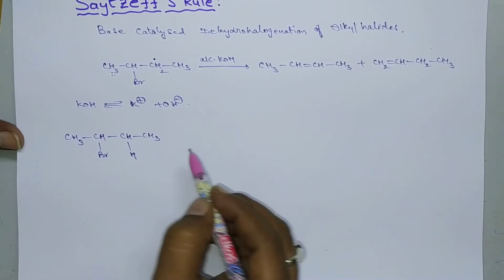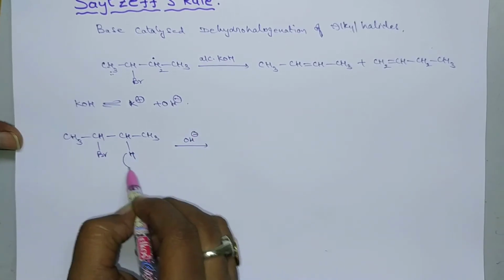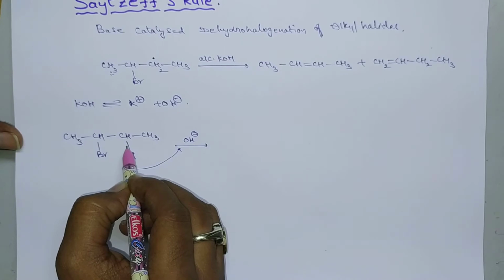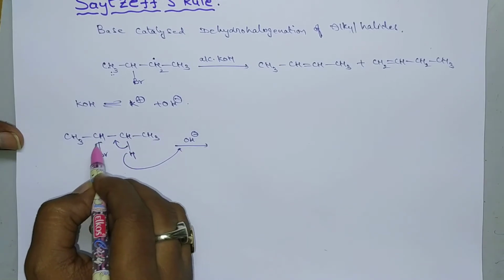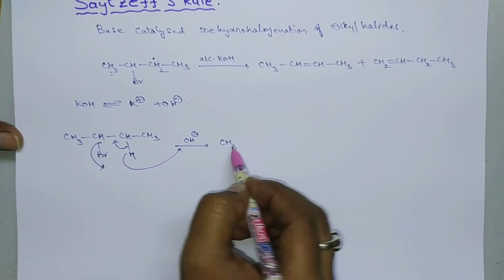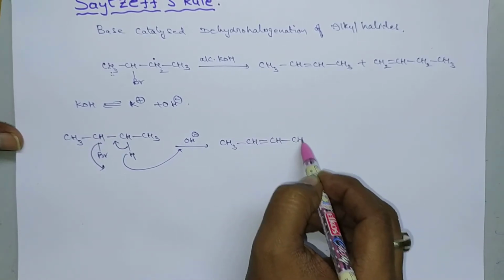Whenever a base is added, this OH minus ion abstracts this proton, leaving the bond pair towards this direction. Whenever a bond is formed here, Br minus will leave out. Then we get CH3, CH, double bond CH, single bond CH3.